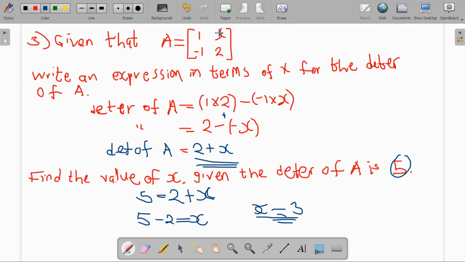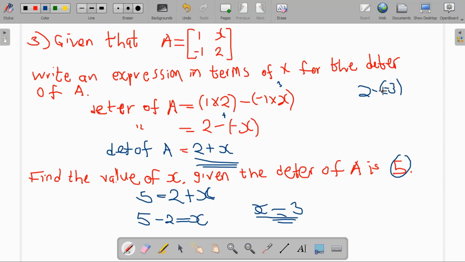Let's prove if it's correct. If we put 3 where there is x, negative 1 multiplied by 3 gives us negative 3. And then 2 times 1 gives us 2, and then minus negative 3.